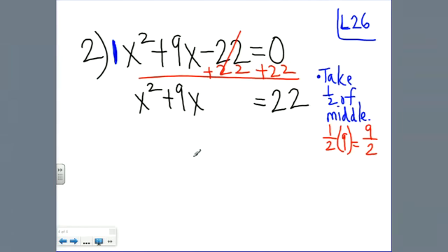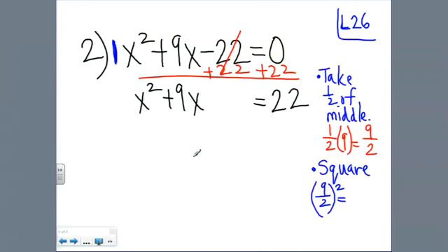The next step to complete the square is square 9 over 2. In other words, we're multiplying 9 over 2 times itself.